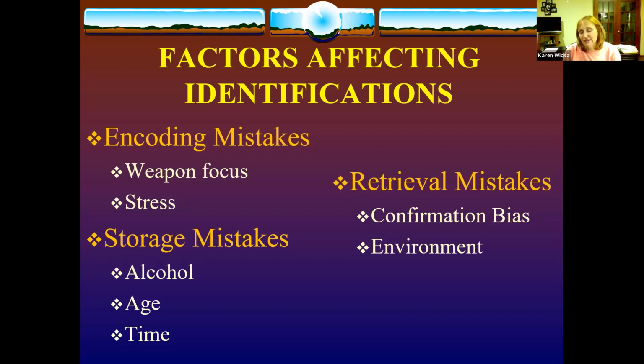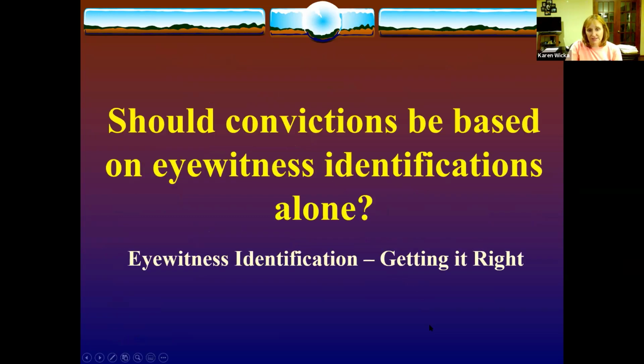But it's not necessarily that we're certain. They're just confirming the bias that we already have. Also, the environment can be stressful, and it can be suggestive to us, and it can lead to bad retrieval mistakes, which can lead us to false identifications.